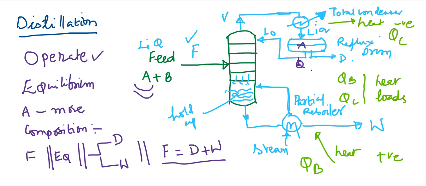In the reboiler we are supplying heat to generate a vapor phase from the liquid. In the condenser we are removing heat, that means latent heat, to change the phase from vapor state to liquid state. Some part is refluxed back, some is collected as top distillate, and some is collected as the residue or the bottom product.